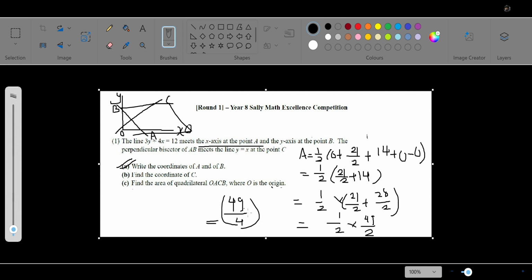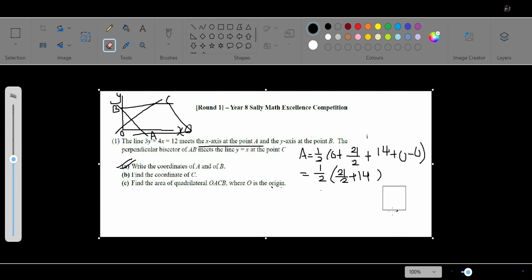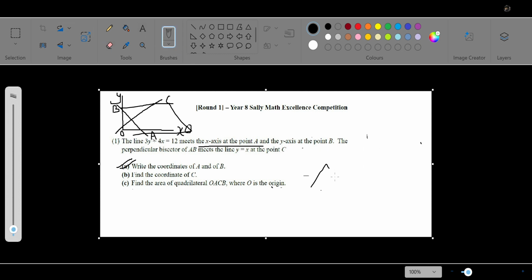Although this may seem confusing, I hope you understand, because it's mostly confusing on the area of the quadrilateral due to the bunch of equations we just did. So a recap here: the coordinates of A would be 3 and 0, and B would be 0 and 4.